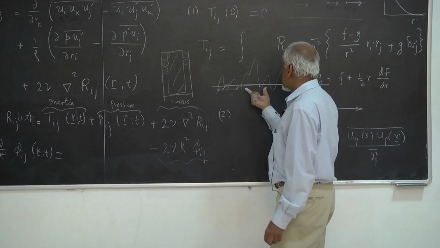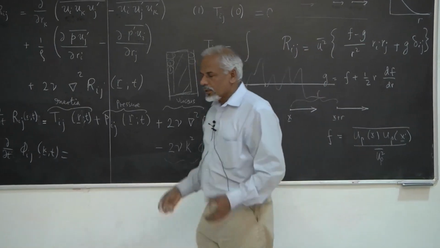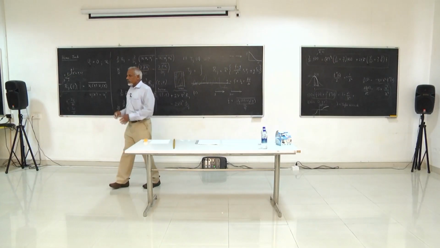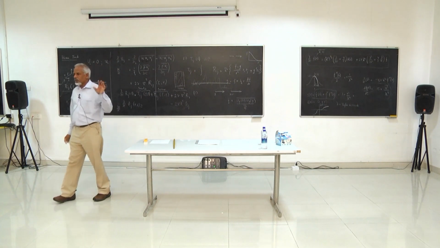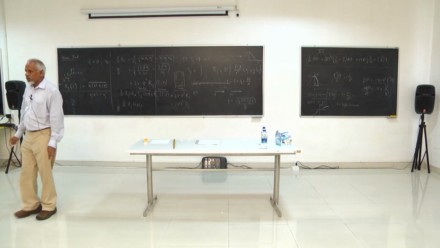So take all these successive mean crossing lengths and you average them, and that is roughly the Taylor microscale.